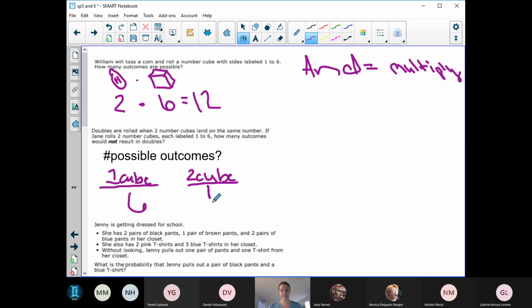Right, there's still 6 because they're both labeled 1 to 6. So if I want to know the number of possible outcomes, am I going to add 6 plus 6 or multiply 6 times 6? Right, we're going to multiply. So 6 times 6 gives me how many possible outcomes? 36.